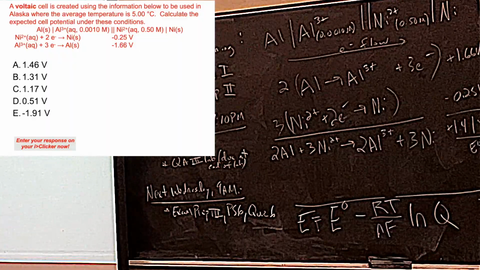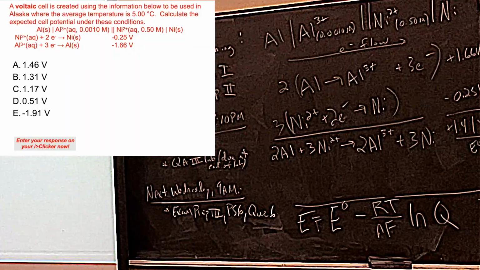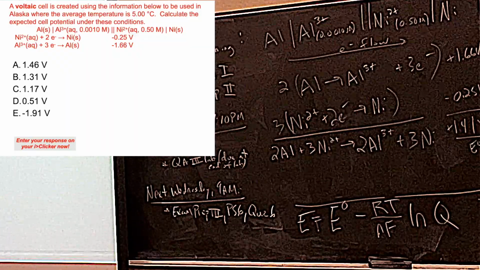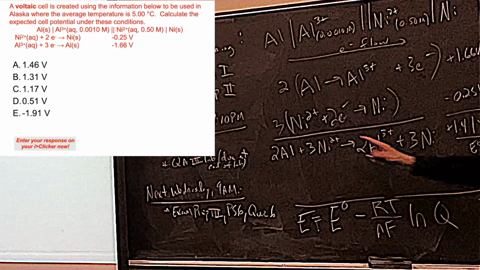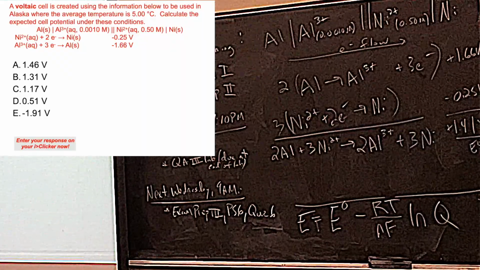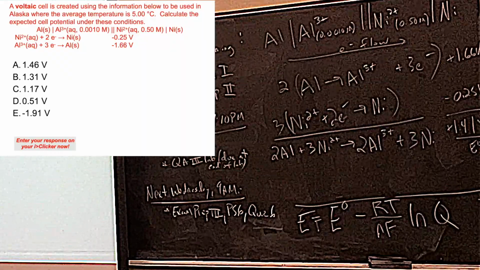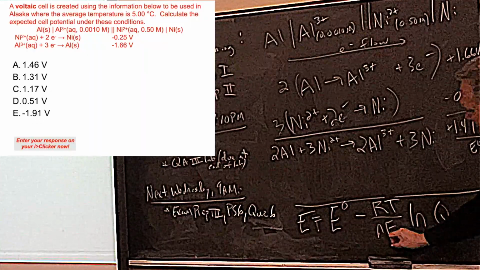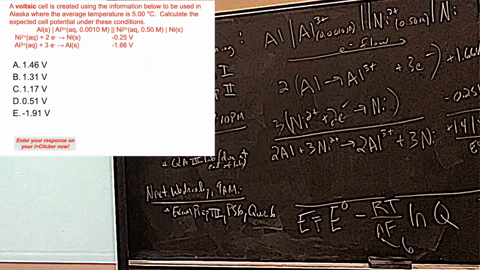That's the balanced reaction. And we're doing this for 2 reasons. First of all, 3 times 2 or 2 times 3, 6, that's N. That's the number of electrons transferred. So N in this case is going to be 6.